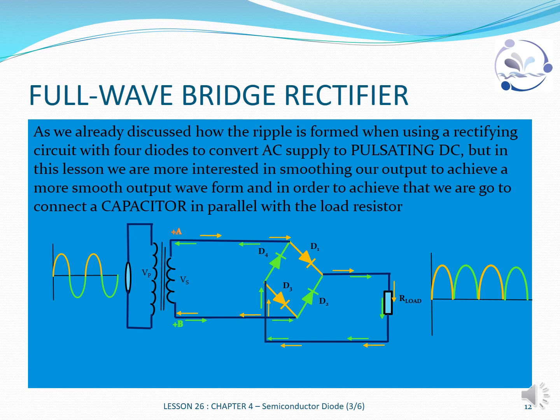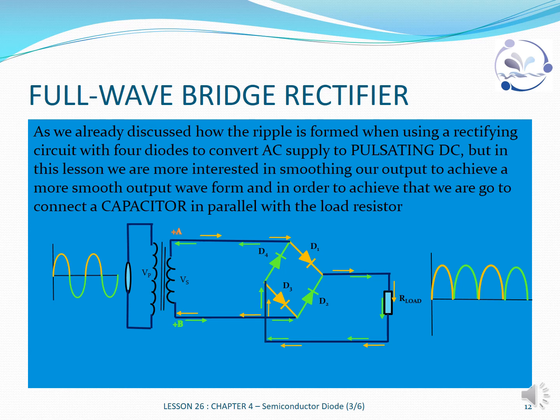Full wave bridge rectifier. We are going to look at it before connecting our smoothing capacitor. As we already discussed, how the ripple is formed when using a rectifying circuit with four diodes to convert AC supply to pulsating DC.